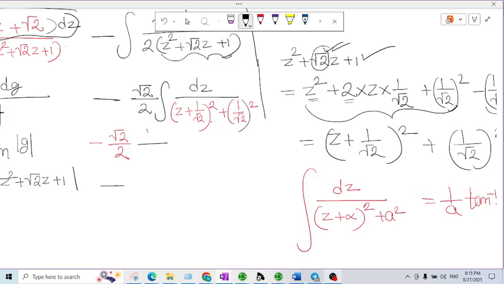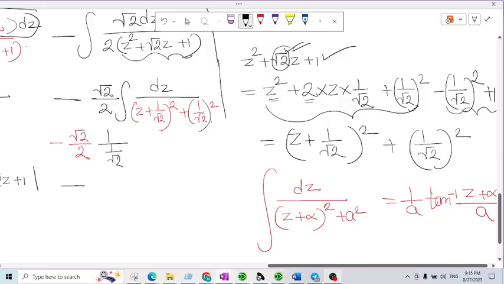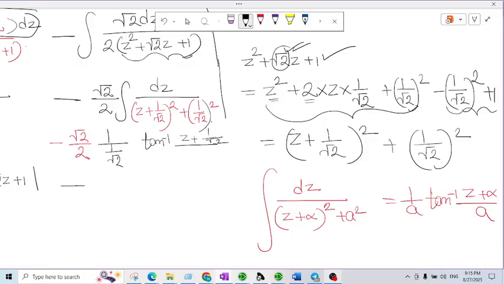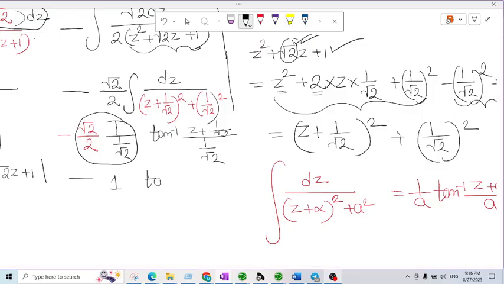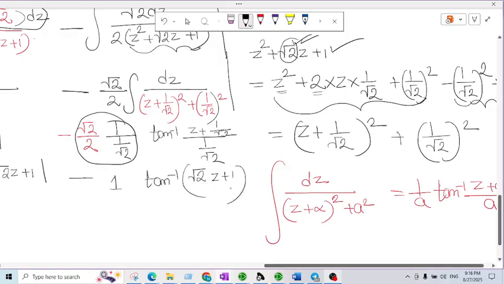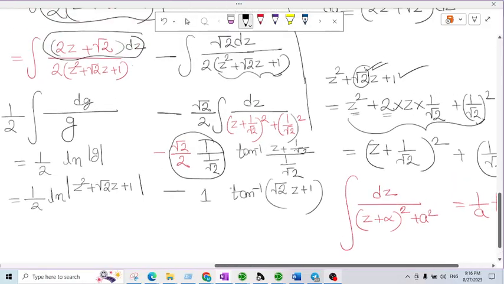So first I will write 1 by a, and then tan inverse z plus alpha, then divided by a. Well, now again this term is equal to 1, and I have again tan inverse root over 2z plus 1. Well, so this is the value of I2.